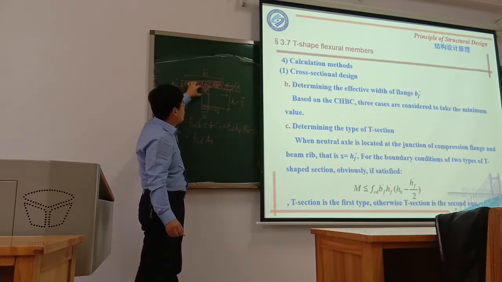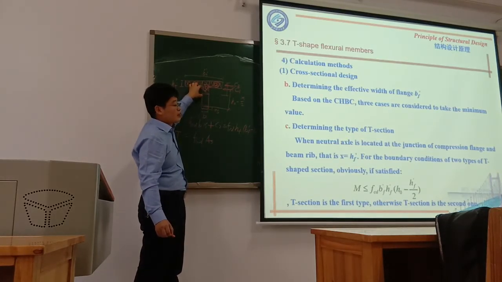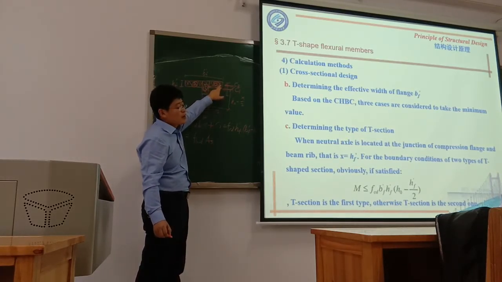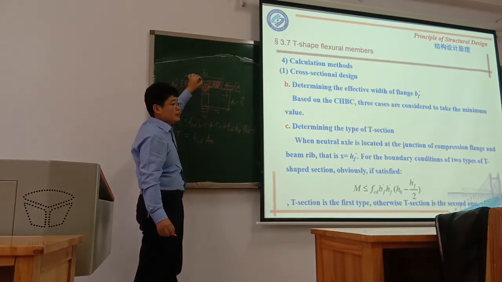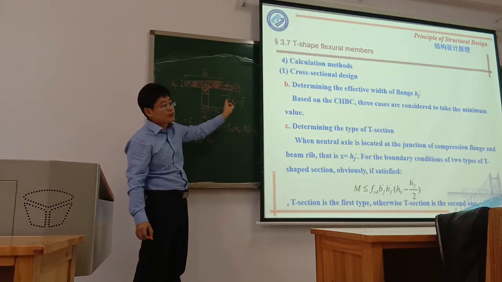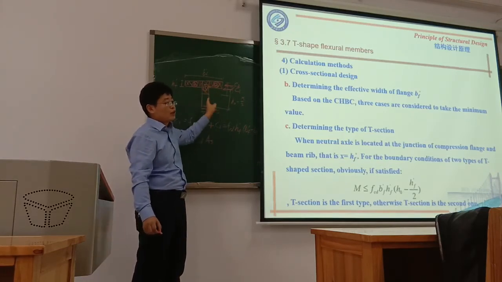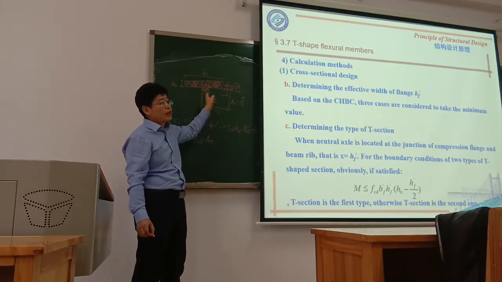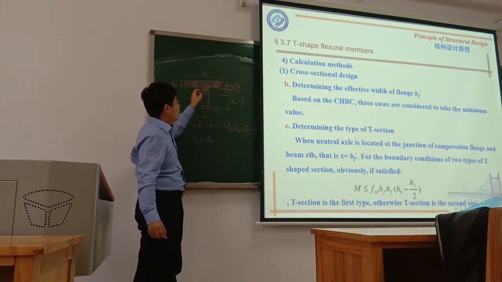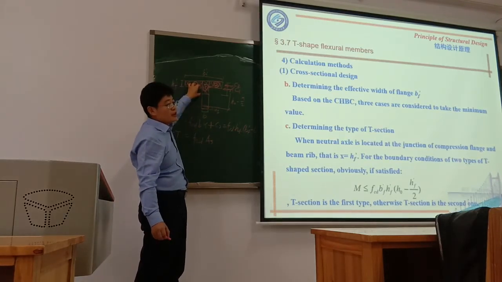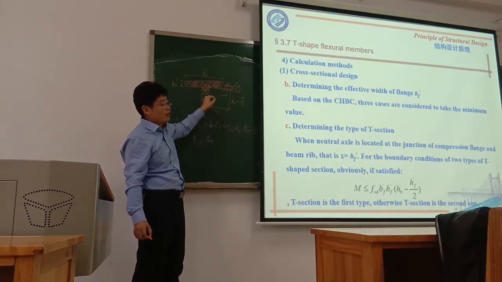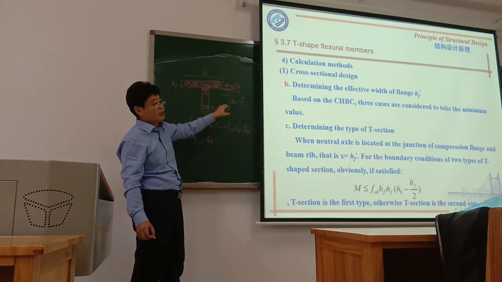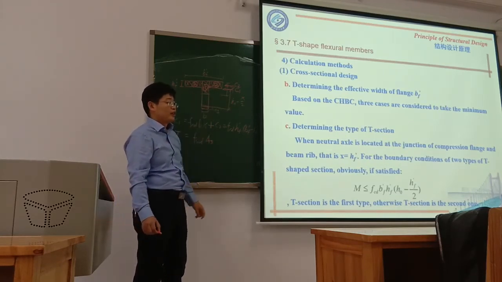If the rib is in tension, this means the compression area is just in this flange. So that means it belongs to the first kind. It works as the rectangular shape. If the compression is coming to this rib, then it's the second type of T shape. The equation is just now right there.